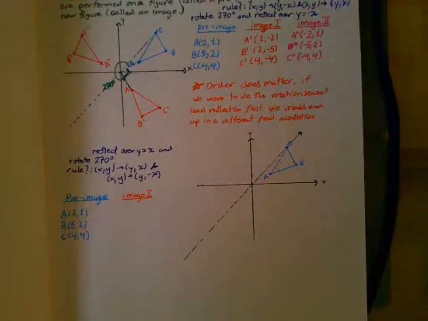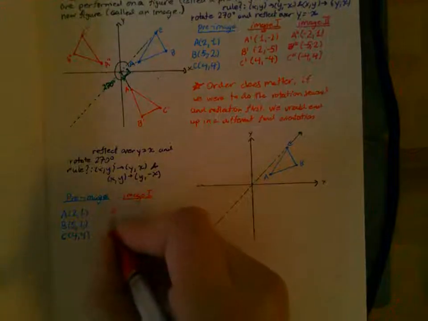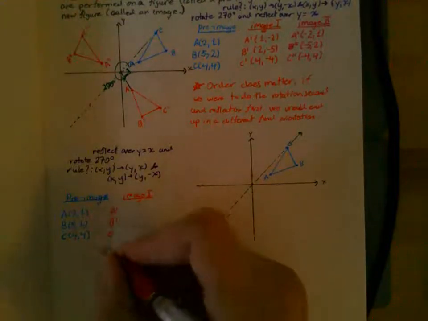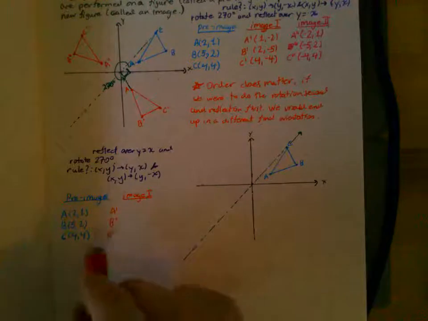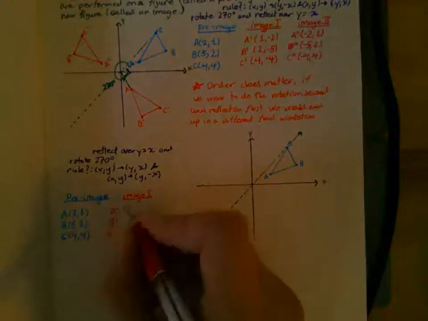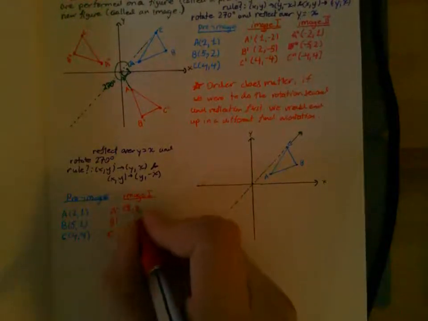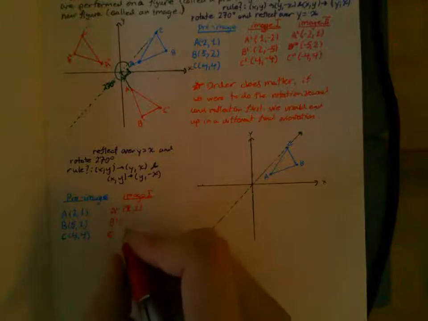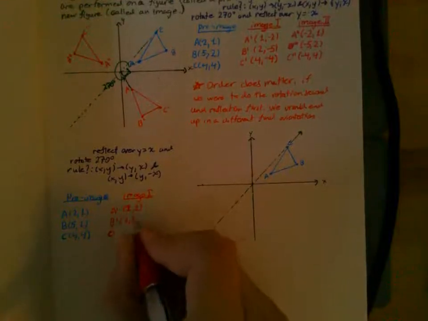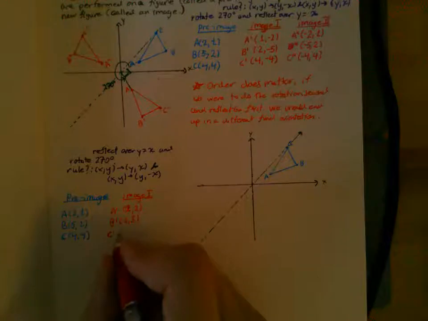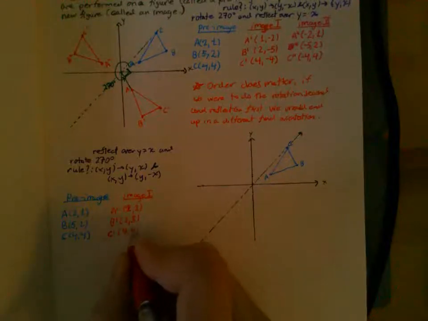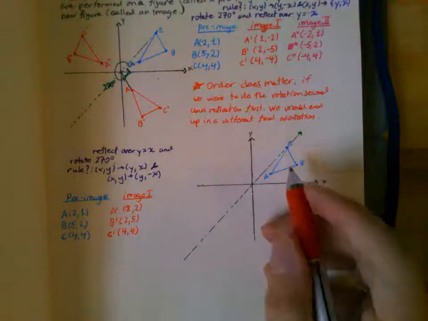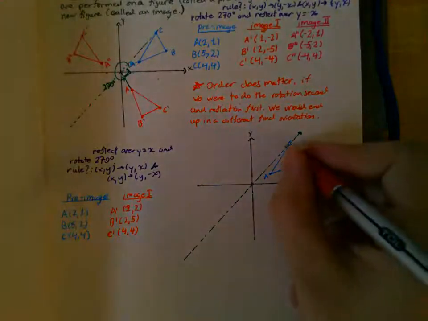And so we are going to get A prime, B prime, and C prime after our reflection. So we're going to flip these guys around. So we're going to get 1, 2. B is going to then be 2, 5. And C is going to be 4, 4. 4, 4 didn't change. It was sitting on the line. Okay, so we obviously are going to share a point there.